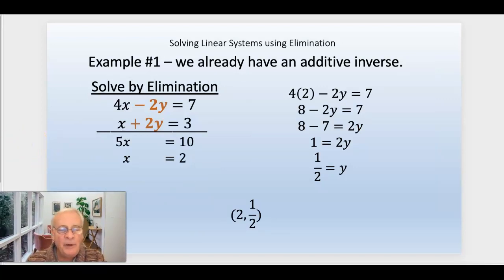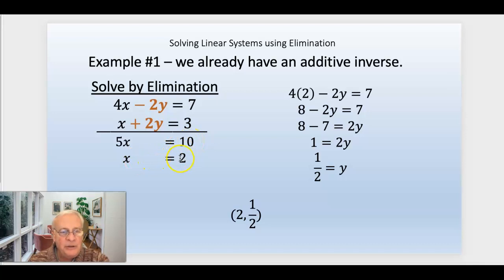Example number 1 is when we already have an additive inverse, like this one right here: negative 2y, positive 2y. This is our system of linear equations. There are two linear equations, and we're trying to find where those two lines intersect. When you add them together, you eliminate the y. We end up with 5x equals 10, so x is 2.